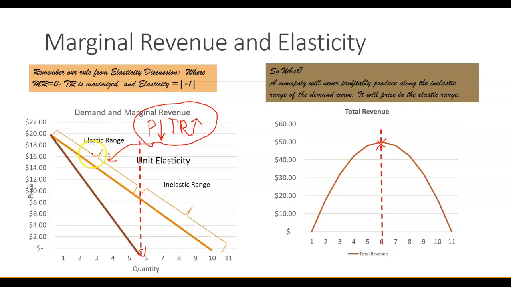Are you pricing too high? Maybe you need to lower the price a little bit more to increase your sales. And of course, this goes the other way, right? If price goes up, what happens to total revenue? Total revenue goes down, again, when you're in the elastic range. So what are the implications? Okay, so at unit elasticity, total revenue is maxed, right?